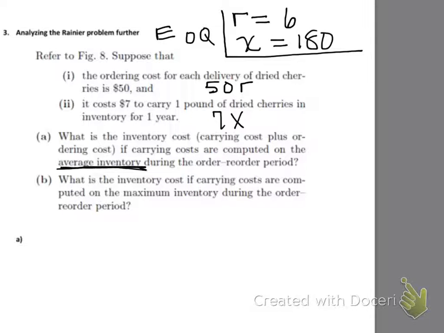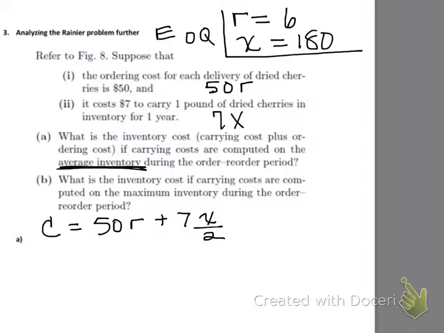So that means that you're going to take your inventory right here for your X and divide it by 2. So to do problem A, we're going to say that costs equal 50 times R plus 7 times X, but that X is going to be the average X, so I'm going to divide by 2.